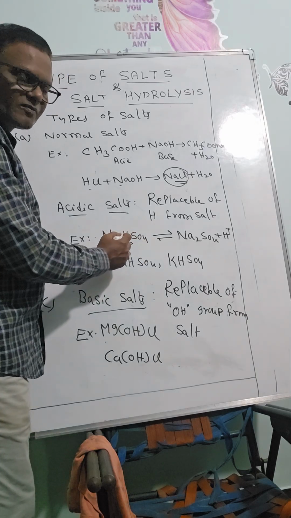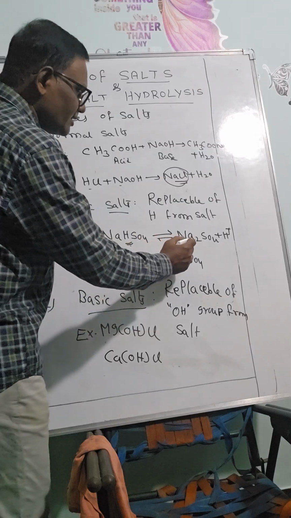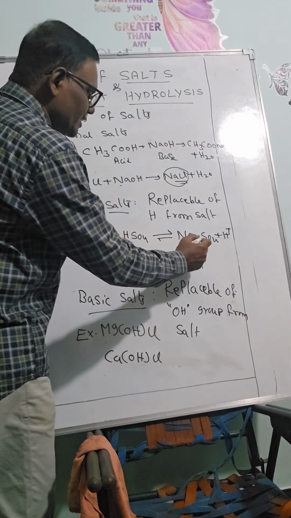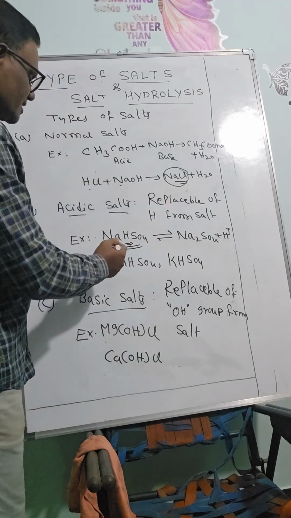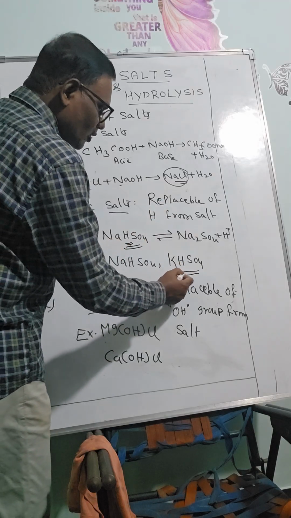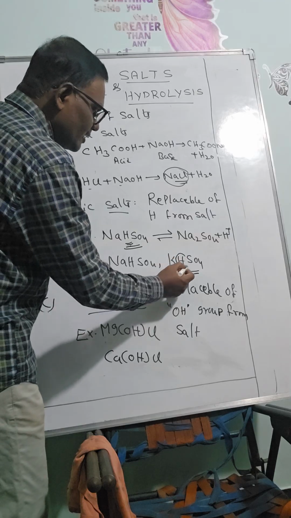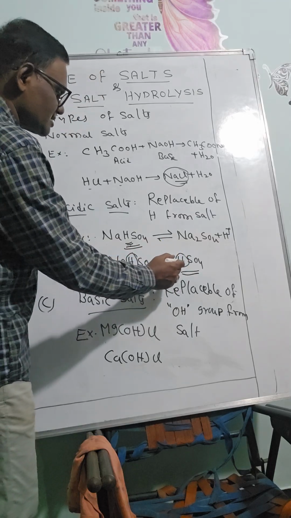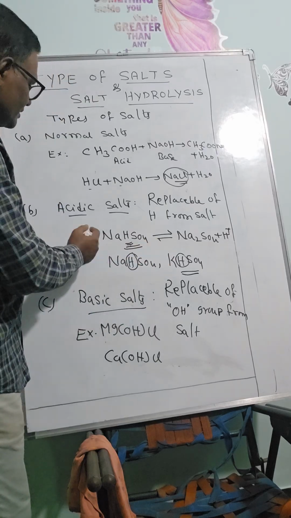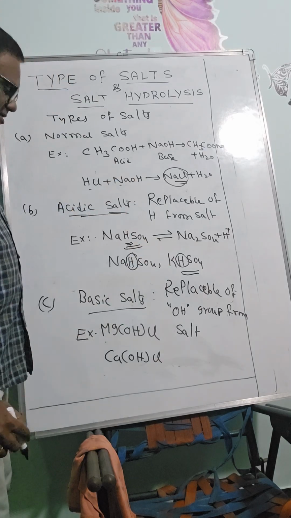Sodium hydrogen sulfate or sodium bisulfate. It dissociates to give Na+, SO4 2- and H+. It behaves as an acidic salt, like KHSO4. Here also a hydrogen atom is there. These hydrogens are replaceable. That's why these are acidic salts.